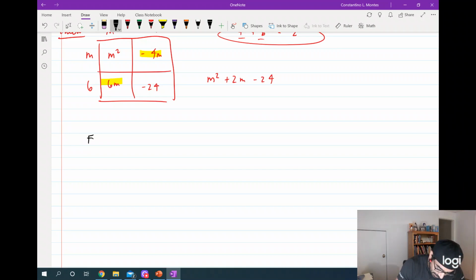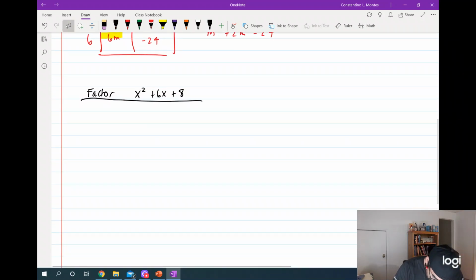Let's say factor. And let me pull my example here. Factor. And we're going to factor x squared plus 6x plus 8. So, oops, we're not multiplying, we're factoring.